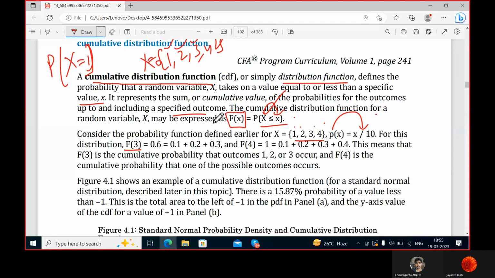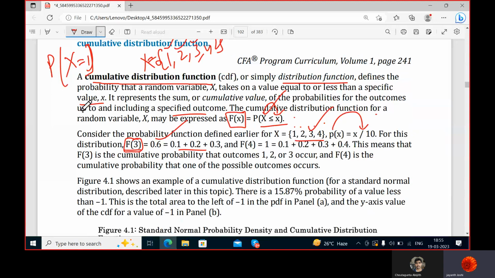If I take 3 here, it means I can take the values up to 3, so x will take a value either equal to 3 or less than 3. I consider all the probabilities less than 3 or exactly 3. From the probability function I get 0.1, 0.2, 0.3, and when I sum them, it becomes 0.6. That shows the cumulative distribution function for f being 3.